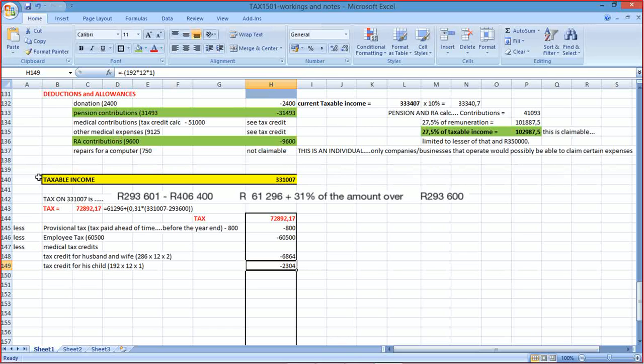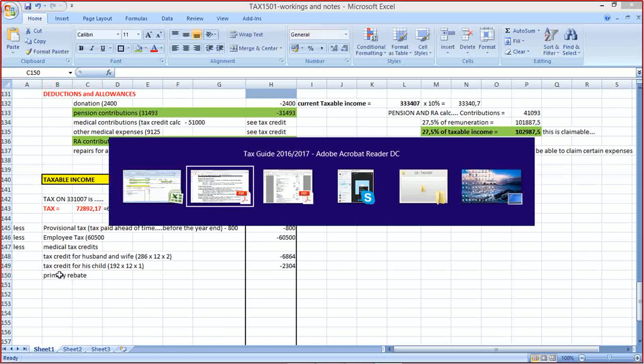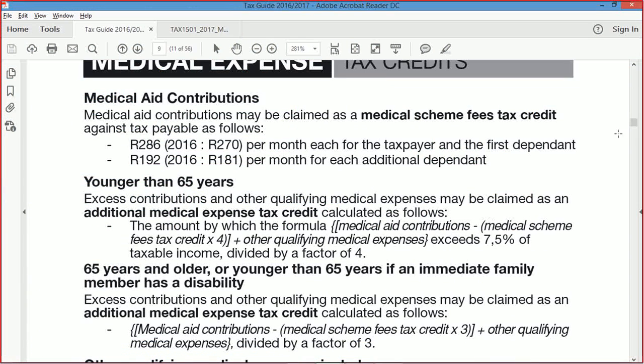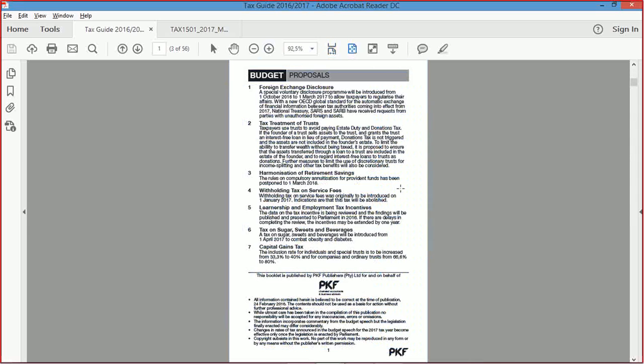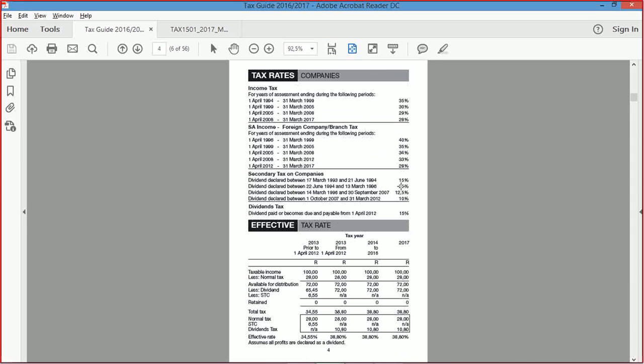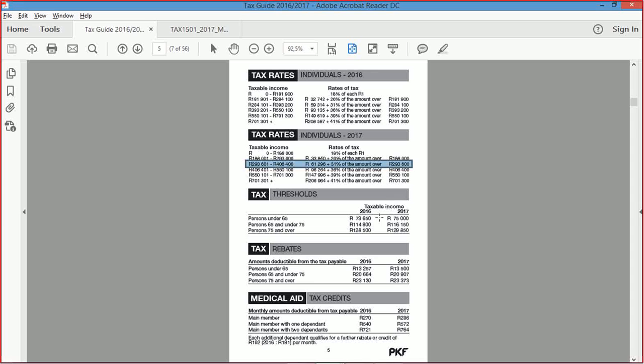Oh, rebates. There'll be rebates, primary rebates. What's the primary rebate for a guy that's less than 65? It's in the booklets. Where was that rebate stuff? Here are the rebates.